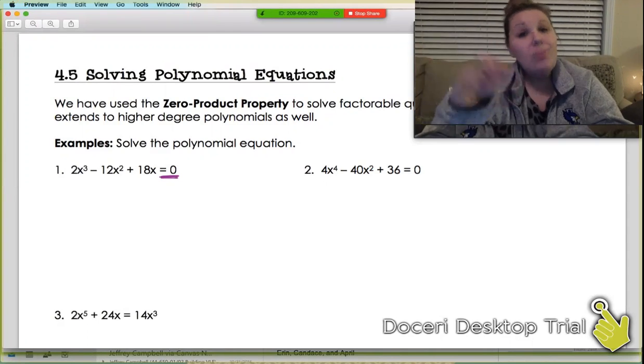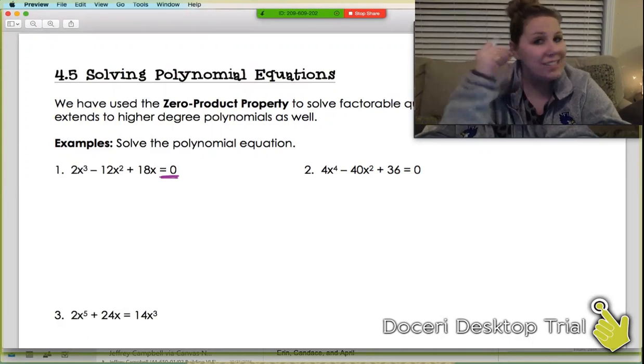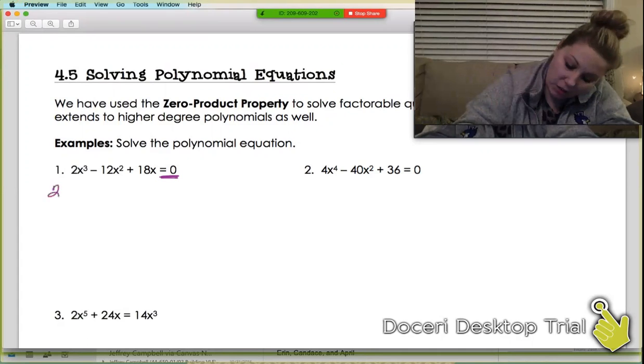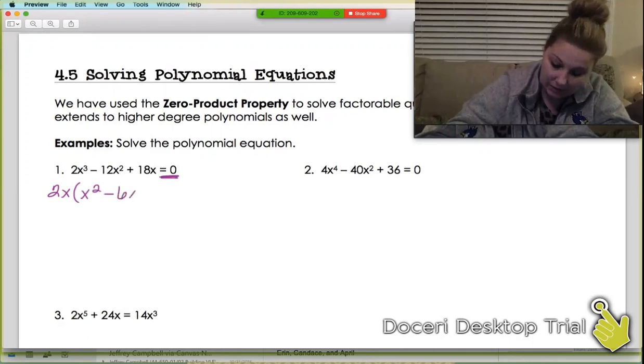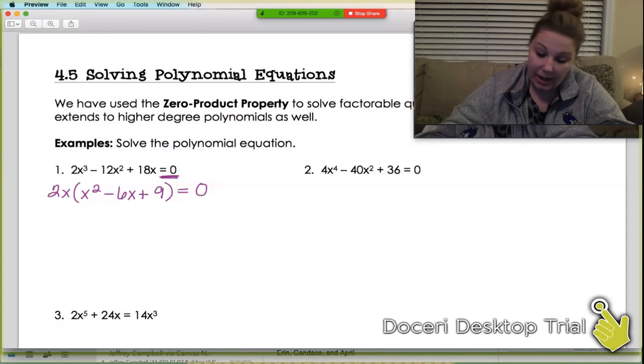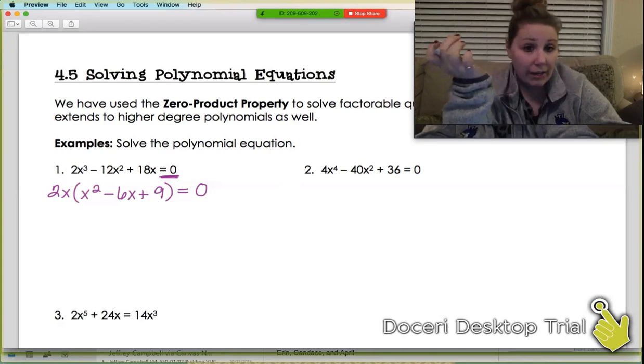And you need to keep that equals 0 all the time, because now we're working with equations, not just expressions. So when I factor out the 2x, that gives me 2x times x squared minus 6x plus 9 equals 0. Don't forget that.